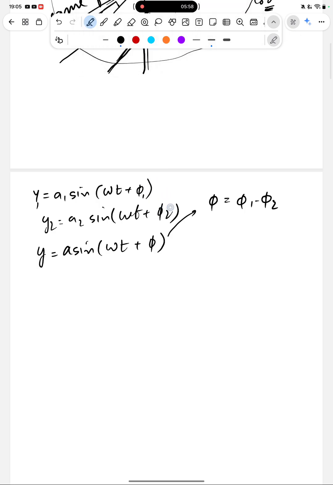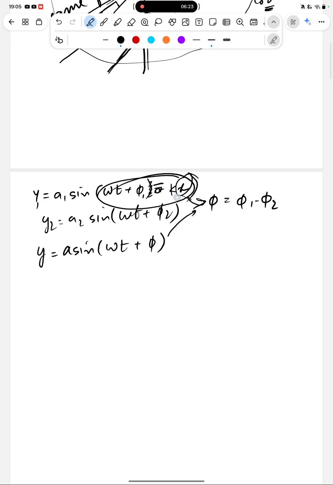Or for example, if there is a minus kx, if there is a path difference, that also plays a role, as we take the entire thing to be the phase difference.